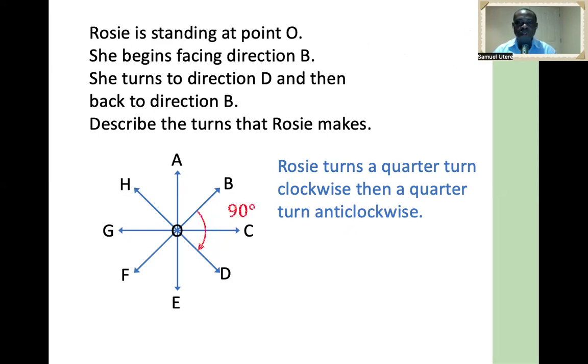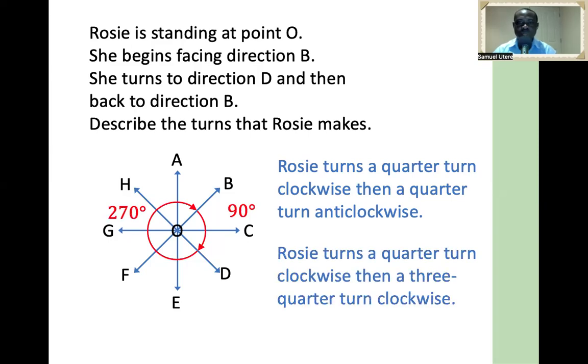We could also describe it another way. We could say Rosie turns a quarter turn clockwise and then 3/4 turn clockwise to get to where she was. Now, 3/4 turn is equal to 270 degrees.